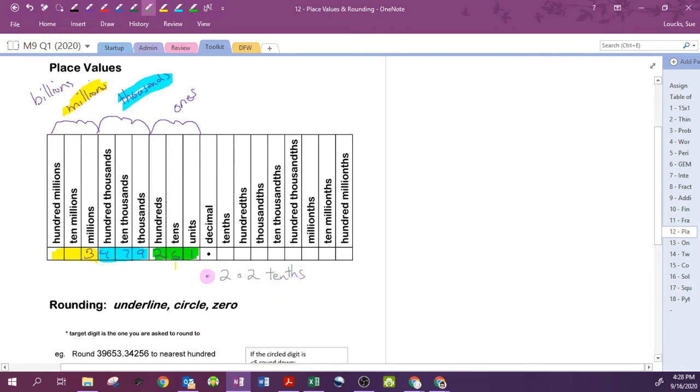If I have 0.73, then I filled up these 2 spaces, so it's 73 hundredths. It's hard to say, hard to write. Okay. All right, so we have to know that when we're rounding things.